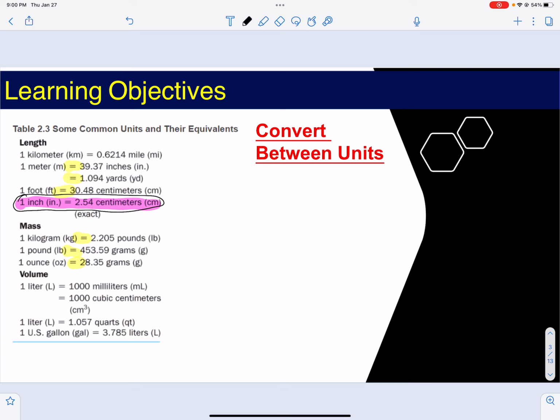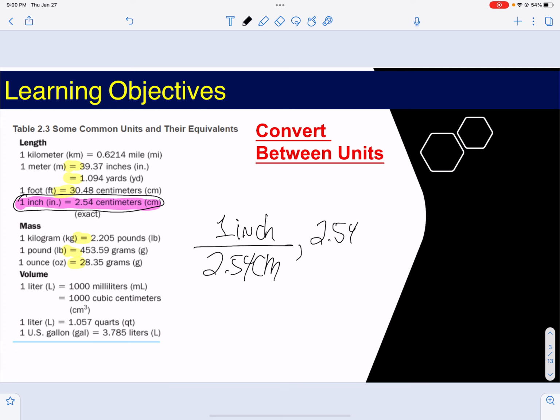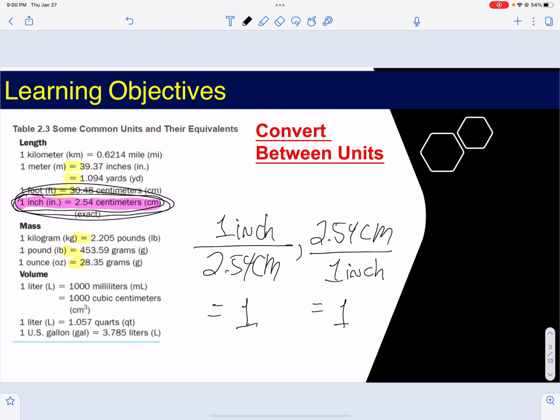I can write that in a different way, like a conversion factor. 1 inch is the same as 2.54 centimeters, or 2.54 centimeters equals 1 inch. And this is the same as 1, and this is the same as 1, because we said that they are equal, right? So anything divided by its equal is always 1.